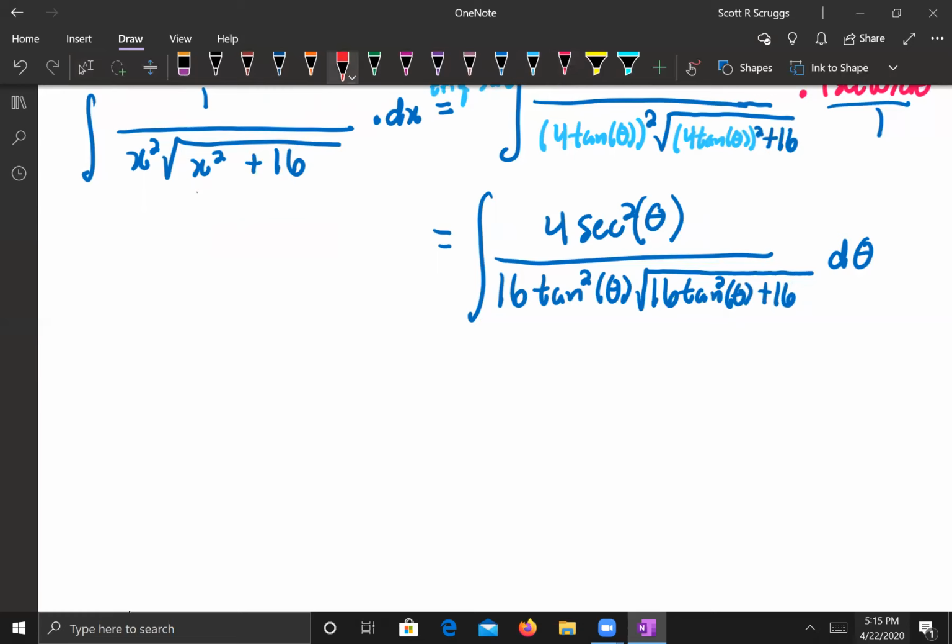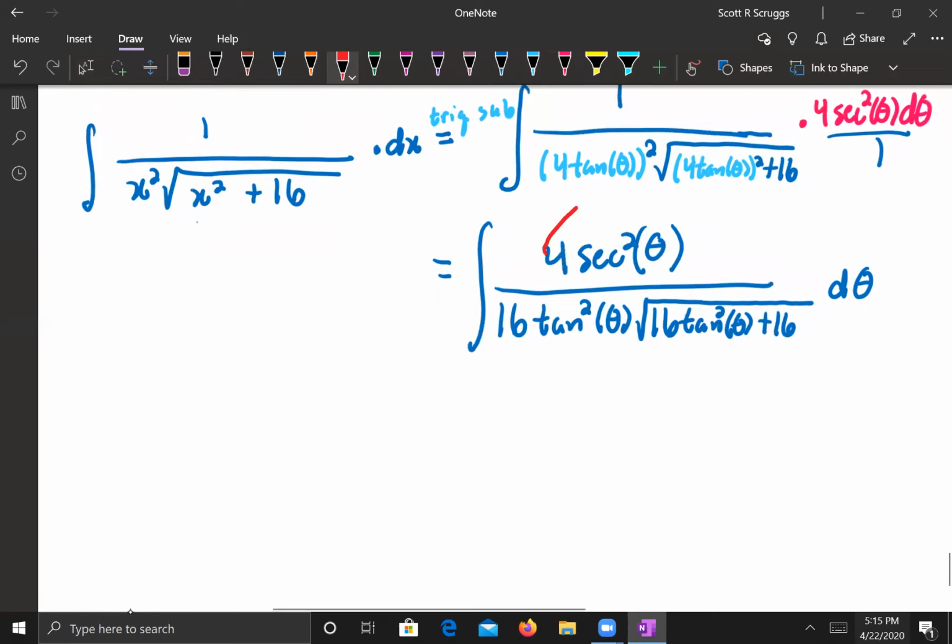First thing that I'm noticing, 4, 16 outside the square root. Oop, missed 4. So that 16 in the denominator reduces down to 4, and the 4 in the numerator is gone.